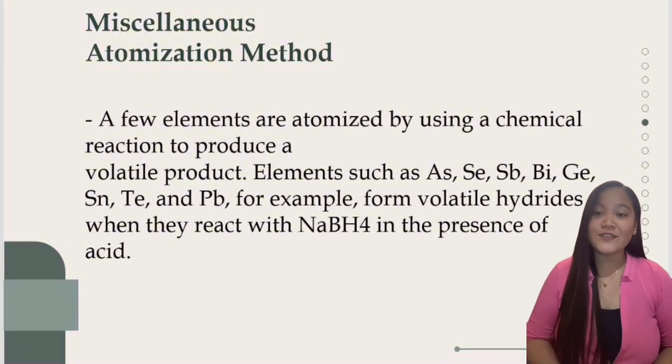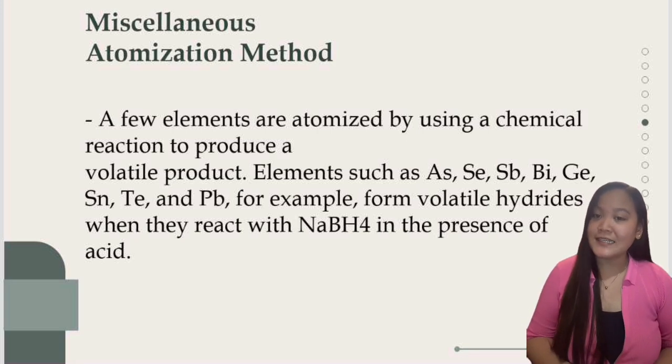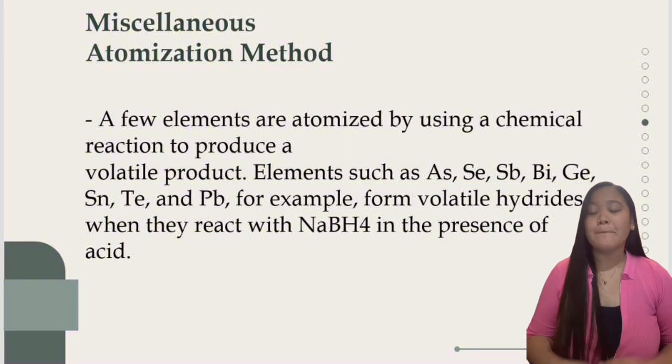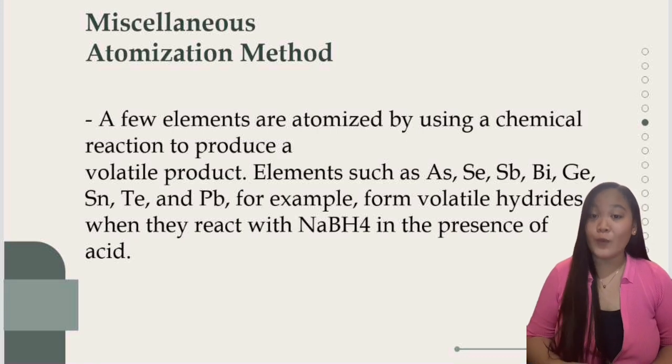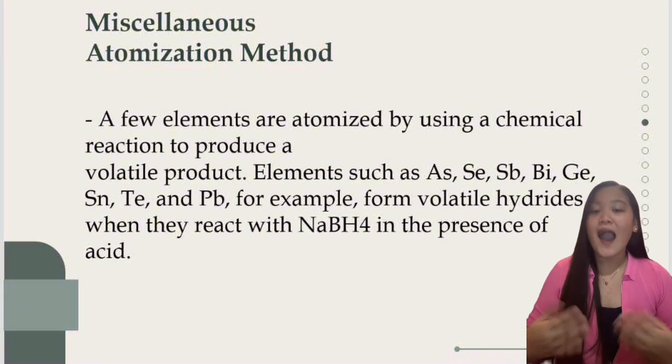So this is called the miscellaneous atomization method. So imagine you have elements like arsenic, selenium, or lead. These guys normally don't like being alone as atoms, but with a little chemistry, we can convince them to form a temporary team up with hydrogen, a volatile compound called a hydride.